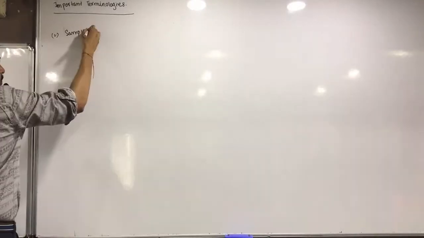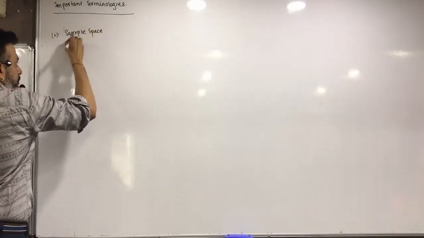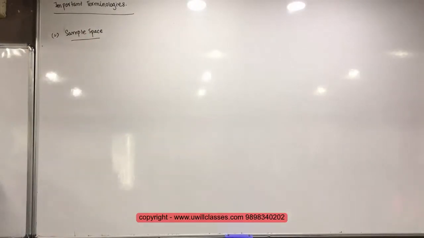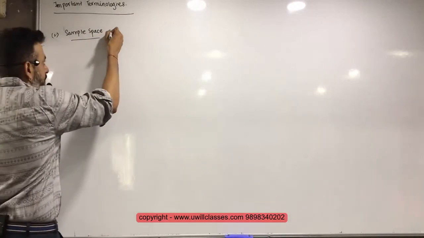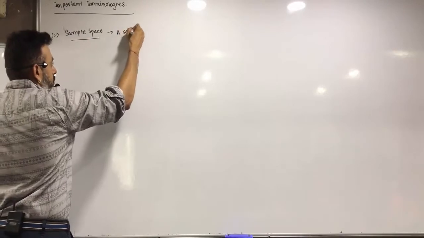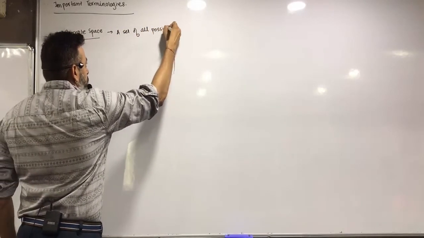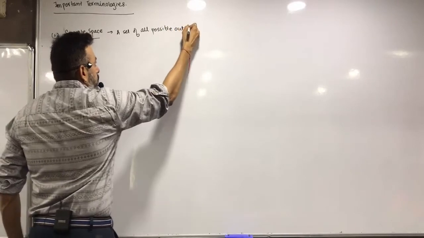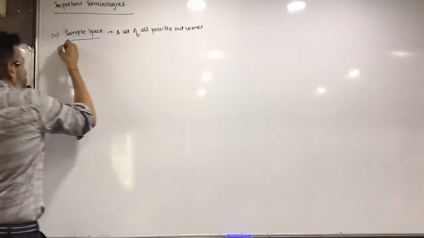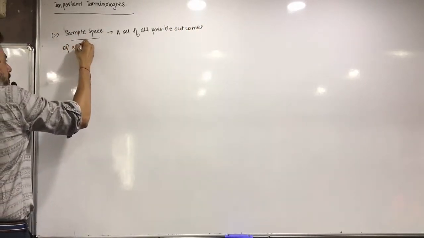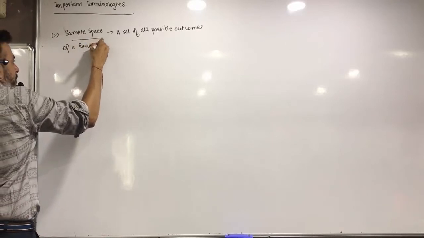First one, sample space. What we did yesterday. Once again, what is sample space? A set of all possible outcomes of a random experiment.